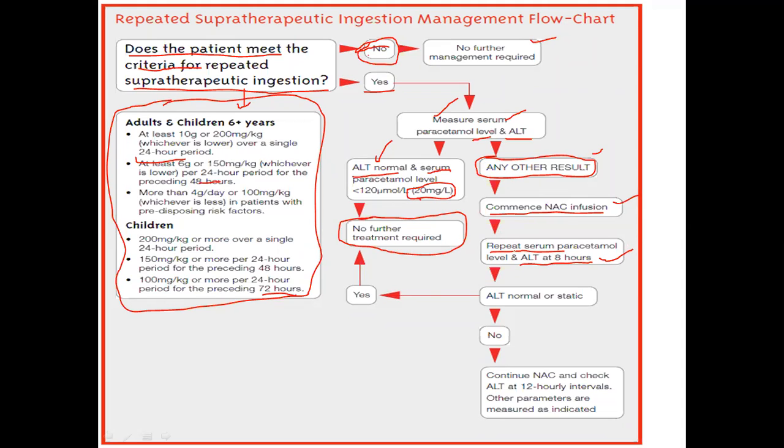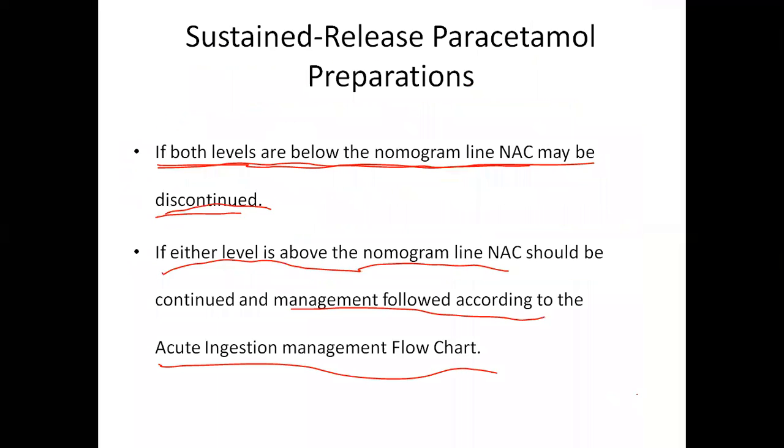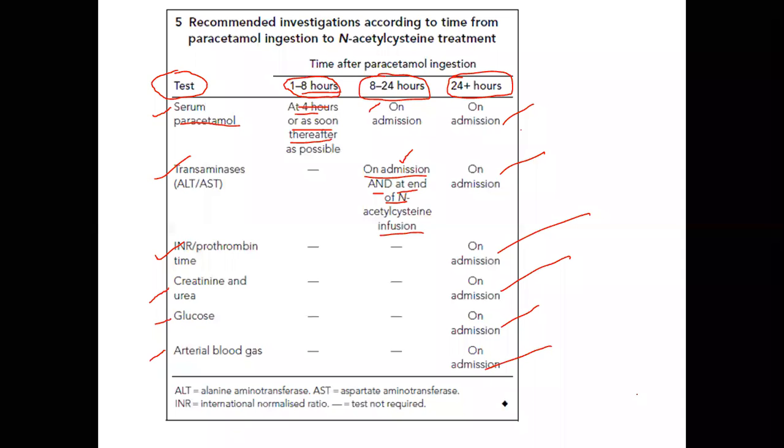If ALT is normal, his liver function has improved, no need to treat, you can stop the NAC. If ALT is not normal, continue the NAC and check the ALT at 12-hour intervals. Other parameters are measured as indicated, means glucose, clotting time, ABG, arterial blood gases. I have shown you this structure.